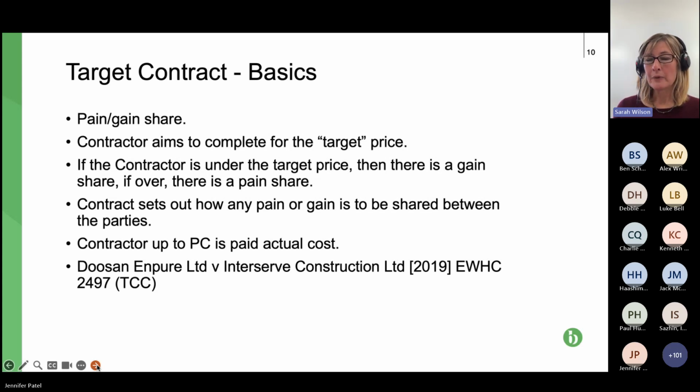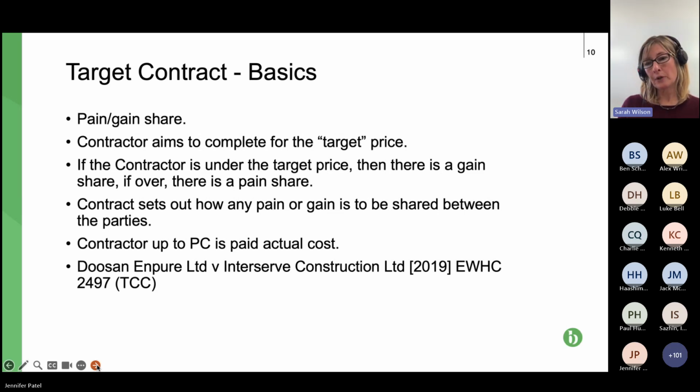I can't remember whether it was option C or D. I think it was an option C contract. But before the parties got to completion, it became very clear that this was going to be a pain situation.